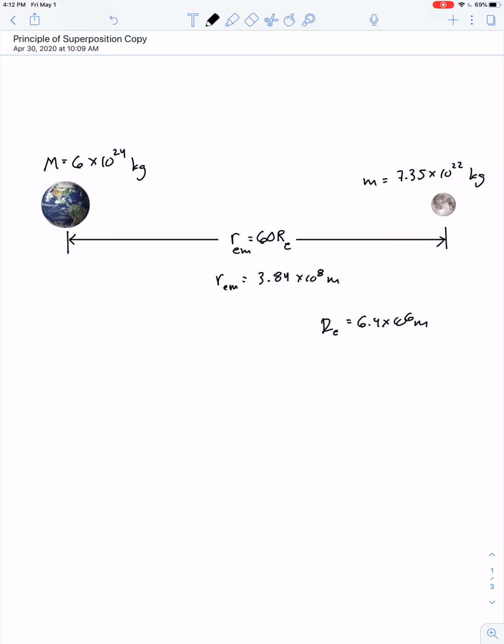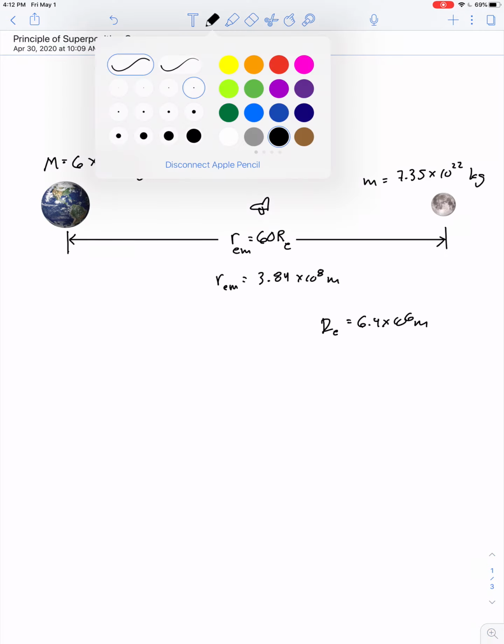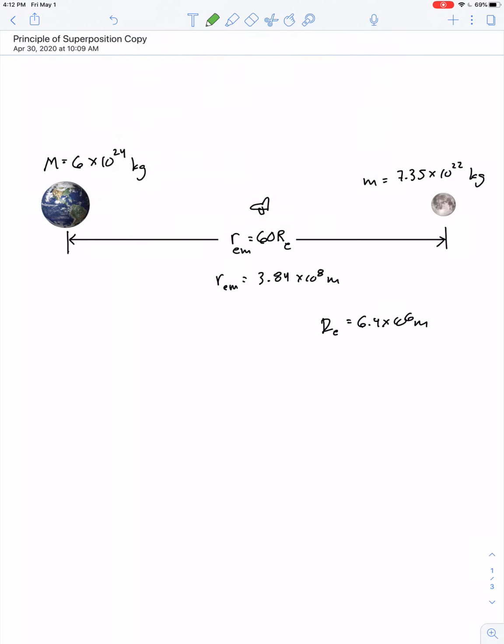Okay, well, here's the question at hand. If you were to park some spacecraft, the space shuttle, exactly halfway between the Earth and the Moon, then for the force of gravity, we'll call the mass of our spacecraft m prime, there'd be a couple of forces to calculate. There's the pull of gravity between the Earth and the spacecraft.